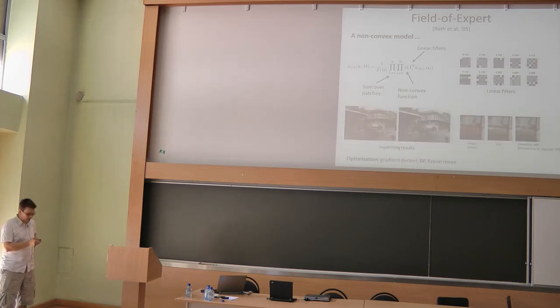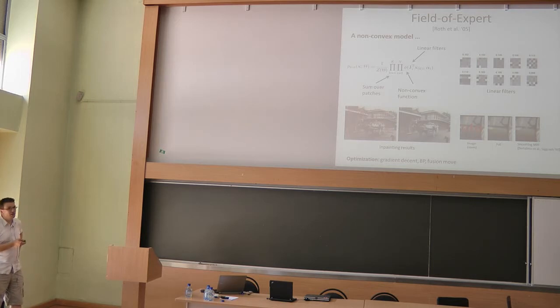For instance here they put some text on an image that you want to inpaint. They use gradient descent during optimization. This is the field of experts result which nicely inpaints that, where this is the result with just a smoothing MRF. So you clearly see this is a much better result.